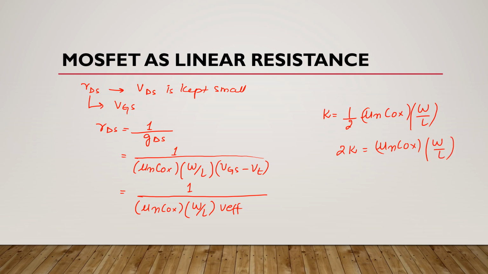Now we can substitute this value here in this equation. So this formula now becomes 1 divided by 2K effective voltage.